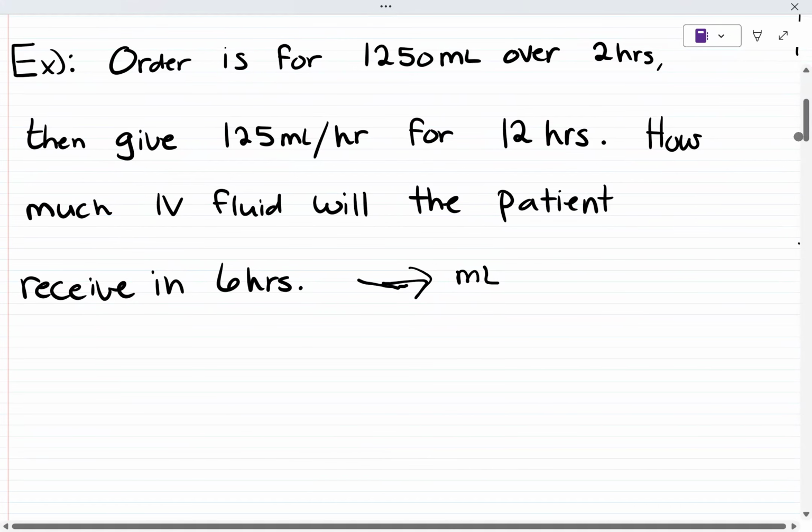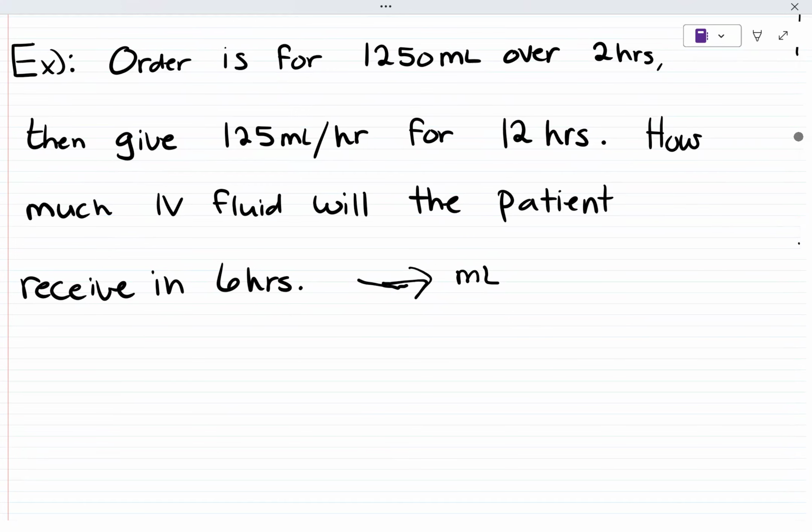We want to know the total amount of IV fluids. So we know that in 2 hours it was exactly 1250. That was given, right? Right here, 2 hours, 1250 milliliters.